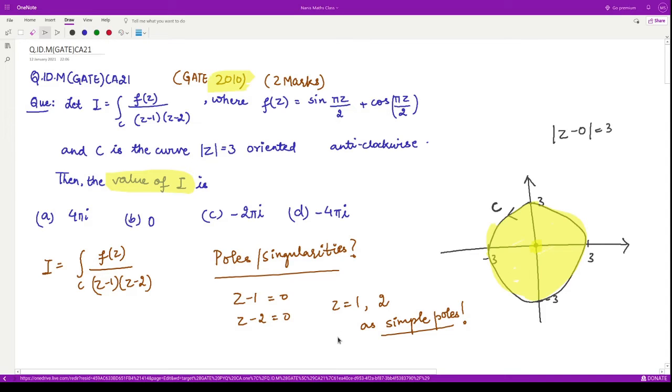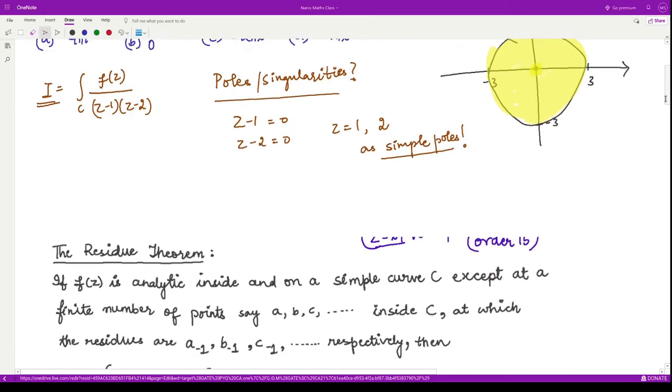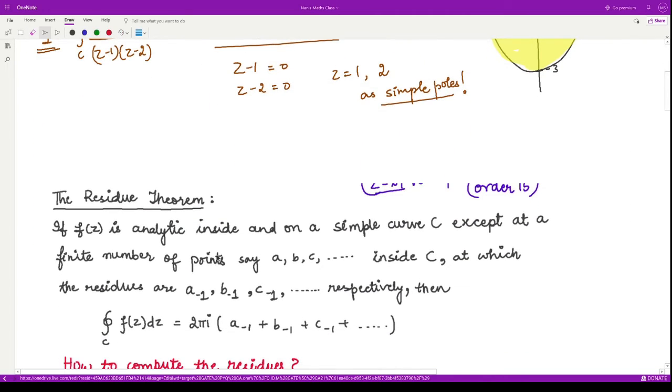So in order to calculate this I, we have to use the residue theorem, which says that if you have some function f(z) which is analytic inside and on a simple curve C, except at a finite number of points, in our case z equal to 1 and z equal to 2, then we calculate the residue of the given function at those points, add them up, and multiply by 2 pi i.